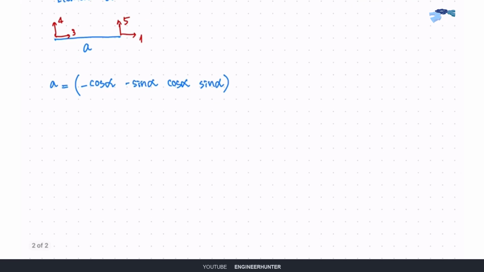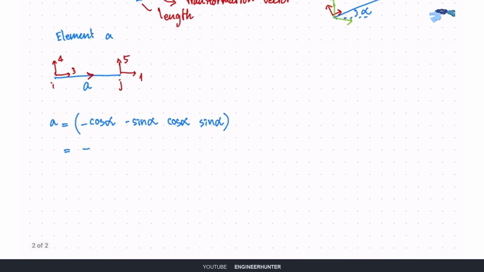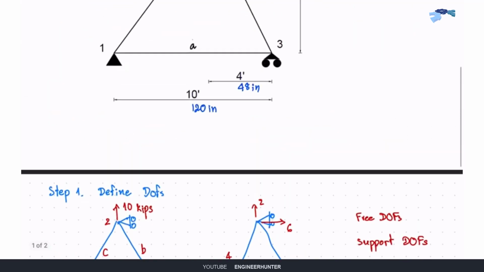So in order to define this, you need to define the direction of the element. So I'm going to put it here. It is important because you need to define the start point of the element and then the end point of the element. So A will equal to, you can look at the length here.